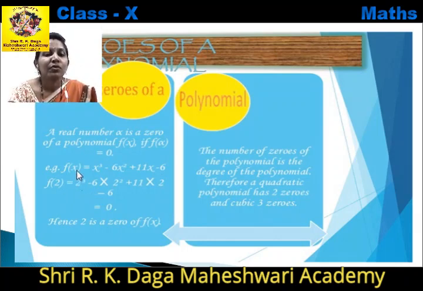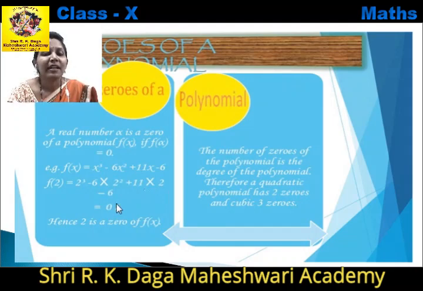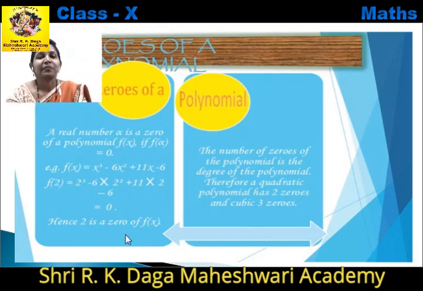When we put 2 at the place of x, we will get 2 cube minus 6 into 2 square plus 11 into 2 minus 6. When we solve this function, we will get answer 0. So 2 is the zero of this polynomial. Hence 2 is a zero of f of x.